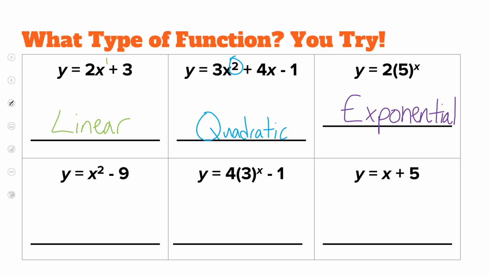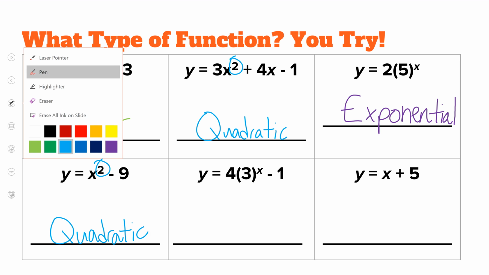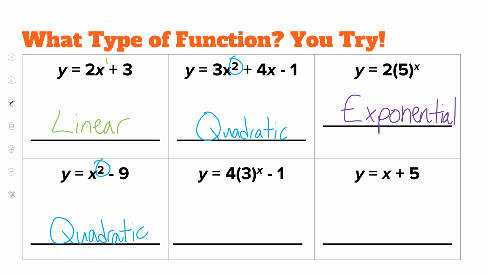And let's quickly go through these last three. Now that we know what the degree should be and we know what some of these equations look like, if we're looking at this one, we have y equals x squared minus 9. That has a degree of 2, so it's a quadratic function. If we're looking at our second example here, we have a degree of x for this 4 times 3 to the x power minus 1.